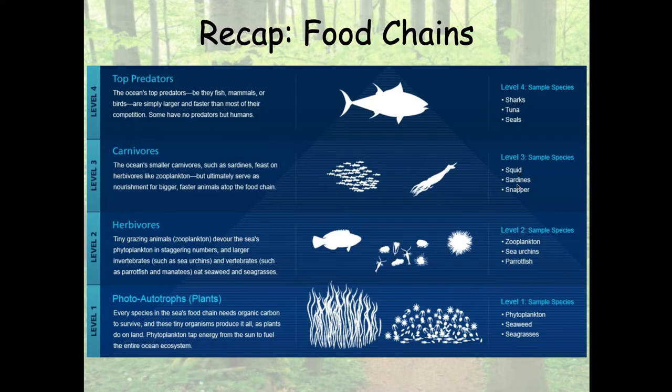Other organisms then, like these, consuming the herbivores, and then you have your top predator, your apex predator, your level 4, sharks. Tuna, of course, could be consumed by sharks. Sharks certainly eat seals, as do killer whales eat seals. So they are not top predators, but they are predators.